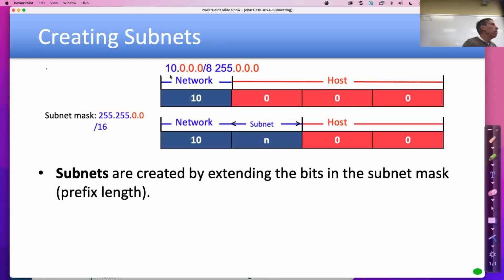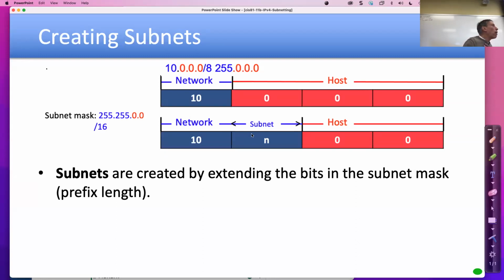So for example, let's say our ISP gave us this. Now I'm showing you private addresses, okay? But let's just say we're using this private address, 10.0.0.0/8, 255.0.0.0. That means this is the network portion, this is the host portion. This is one network, we'll see this in a moment, of 24 million hosts.